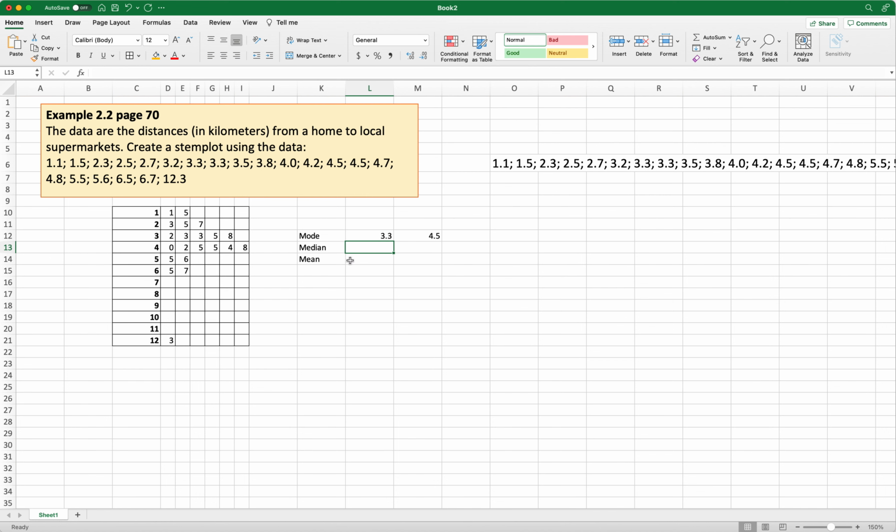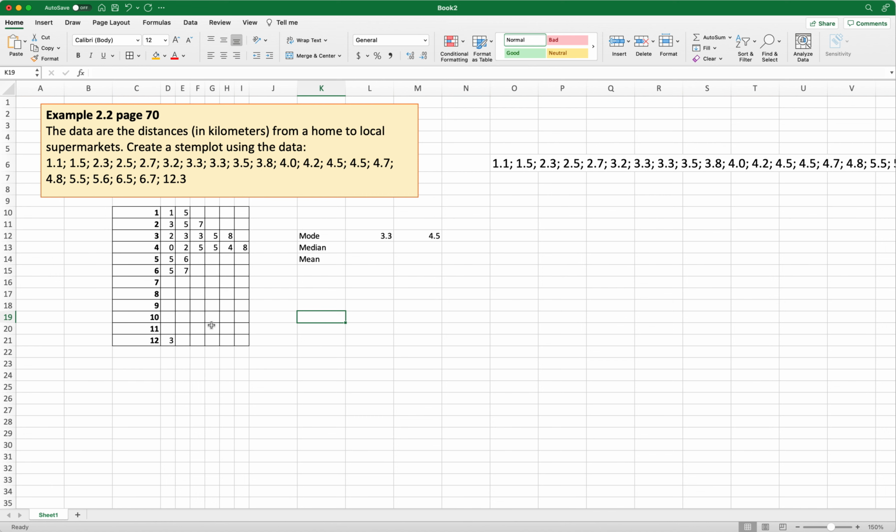Median. We said there were 21 data points. Let's assume we have 21 data points. The middle of 21, I think, is 11. There's 10 before 11, and there's 10 after 11.